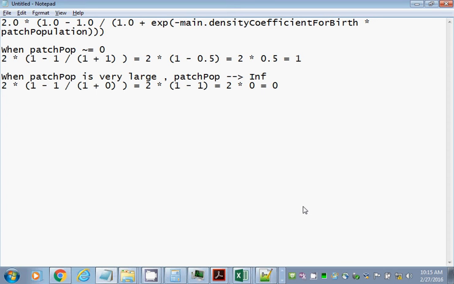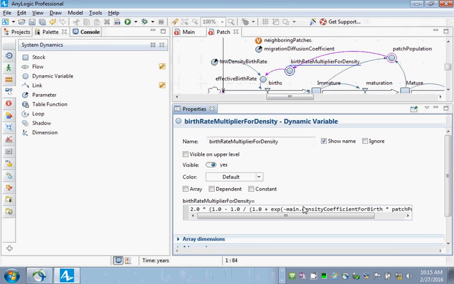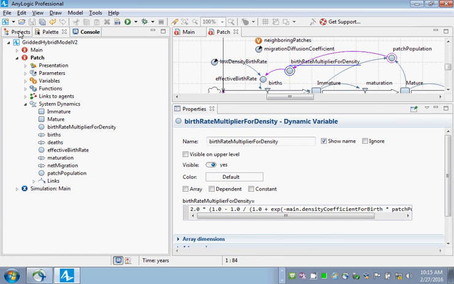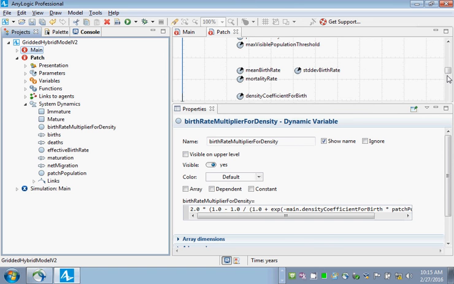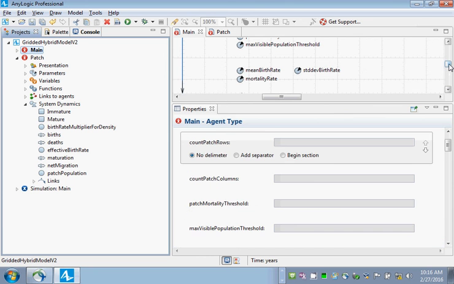Standard deviation in birth rate, to reflect its real use, ladies and gentlemen, we should call it standard deviation low density rate. This is just good naming in order to reflect the fact that what we're actually specifying is the low density birth rate. Okay, so here we go, standard deviation low density birth rate.